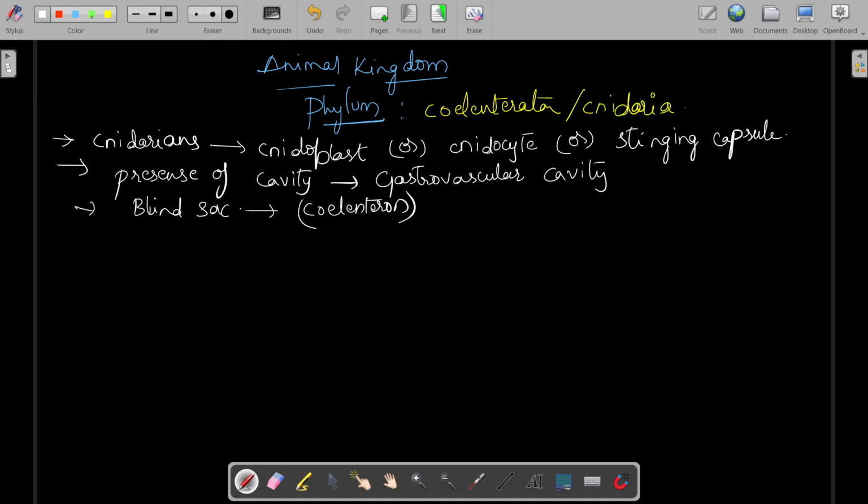So let's draw an example of phylum Coelenterata.